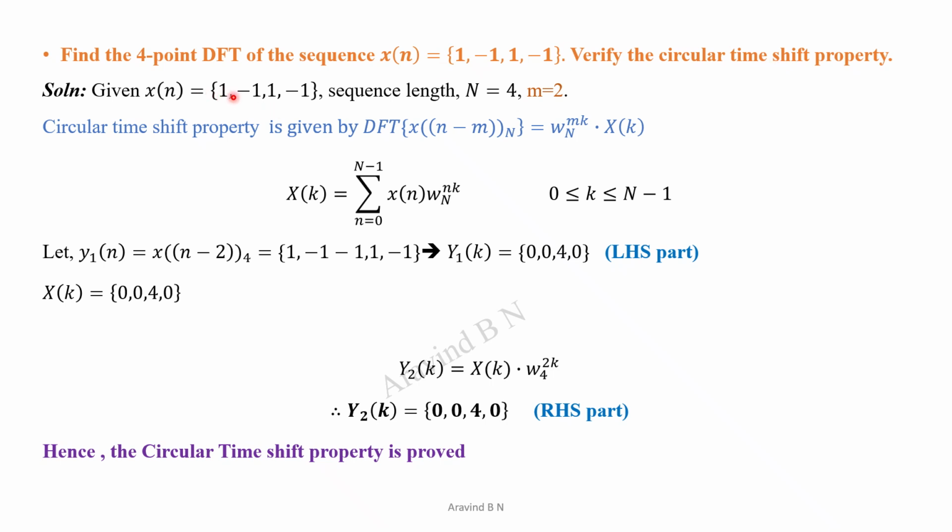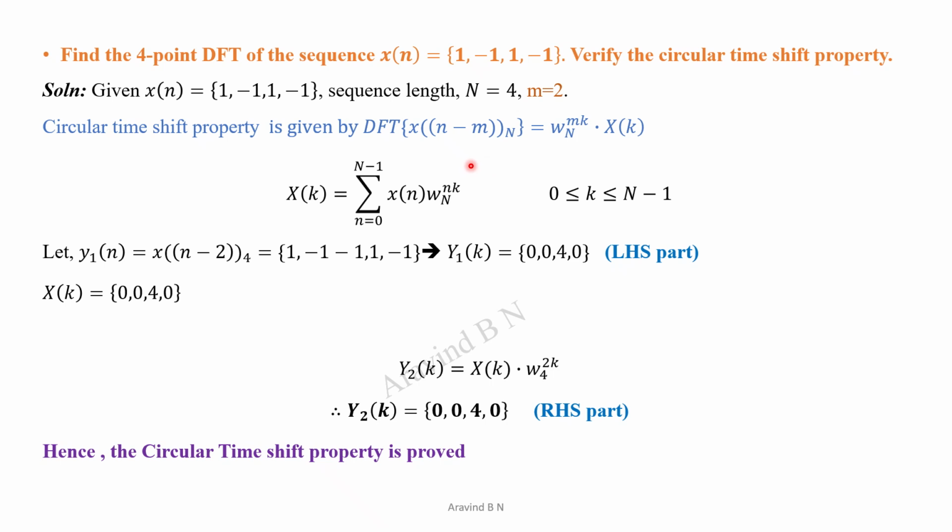The given sequence is 1, minus 1, 1, minus 1. The sequence length is 4 and m will be equal to 2, and this value of m is applicable with respect to the circular time shift property. So the circular time shift property is given by this expression.